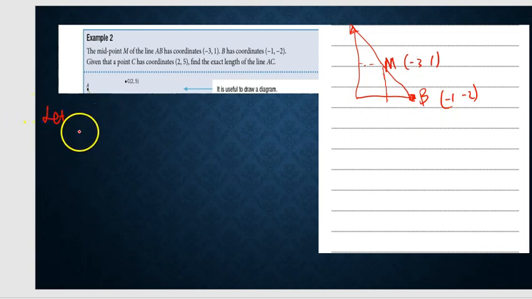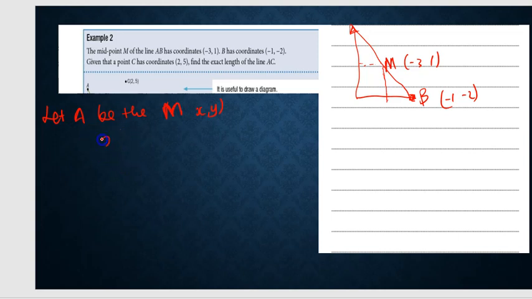Well, if we are looking for the exact length, we can let simple algebraic expression. So we can let M be the midpoint of A, with coordinates X and Y, right?